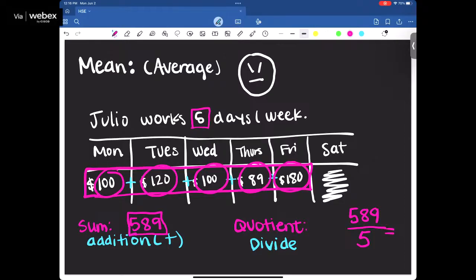When we divide 589 by 5, we get the mean. And the mean in this case equals 117 and 8/10. Hopefully you got the same answer as me. And that is how we find the mean. Just get the sum of all the numbers in the data set, divide the sum by the number of numbers in the data set, and that will give you the mean.